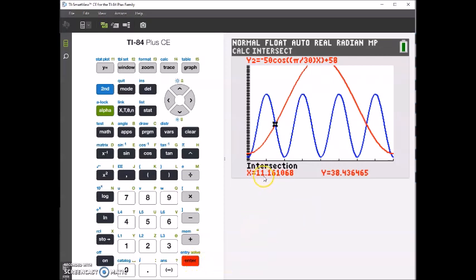So after right about 11.161 seconds, my height would be 38.436 feet above the ground. And if I'm on the first Ferris wheel coming down, my friend would be at that exact same height on the second Ferris wheel coming up.